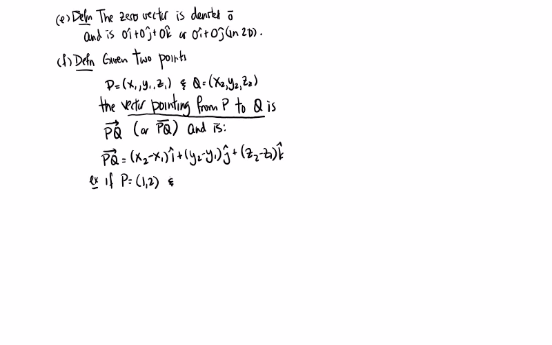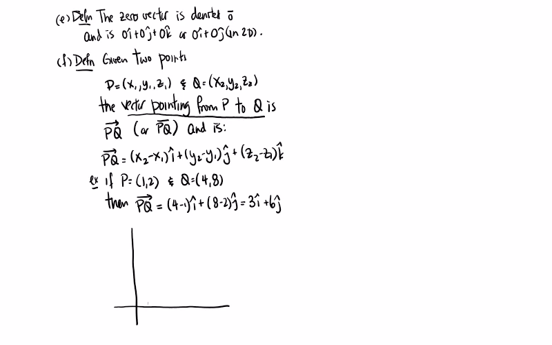P equals 1, 2, and Q equals, say, 4, 8. Then the vector from P to Q, I do 4 minus 1 i, plus 8 minus 2 j. That's 3i plus 6j.